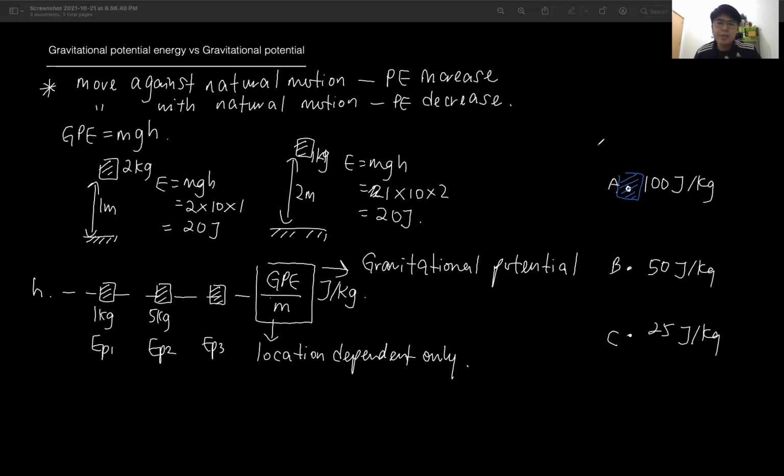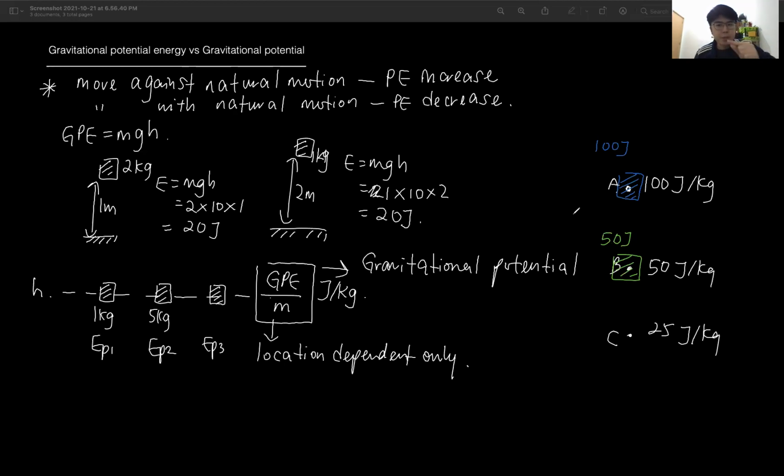So the object is going to gain 100 joule of potential energy. If you place the object at point B, then the object is going to gain 50 joule per every kg. So if it's 1 kg, it's just 50 joule. If you place 5 kg, then 50 times 5, 250 joule of gravitational potential energy.